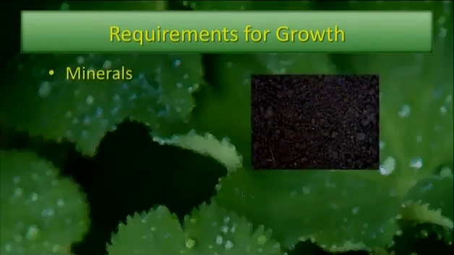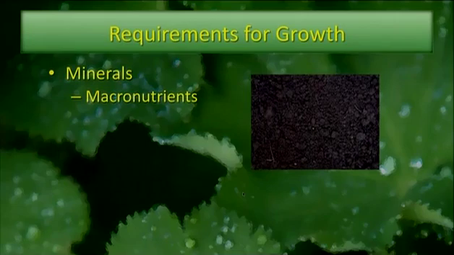So we have what they call macronutrients. These are substances or minerals that are required in fairly large amounts. They constitute about 0.5 to 3% of the dry weight of the plant. These include nitrogen, potassium, calcium, phosphorus, magnesium, and sulfur.